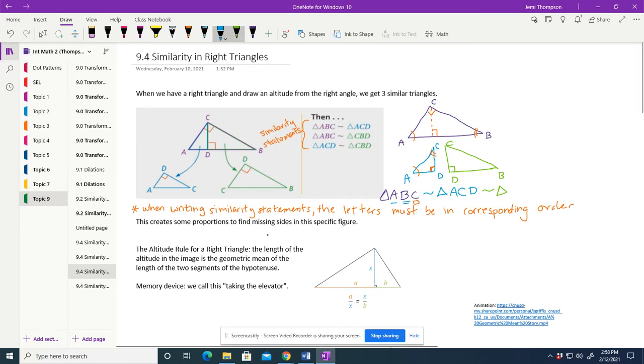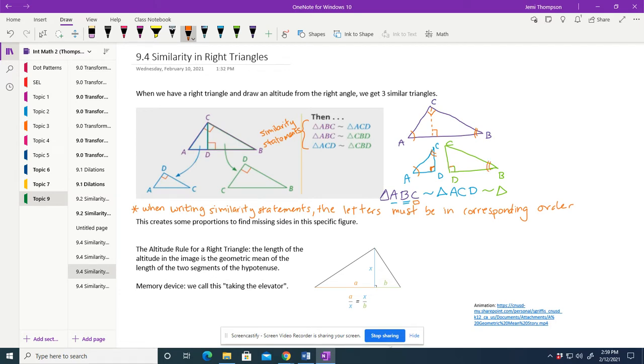Okay, in the green triangle, let's try to find what order I can write this in for my similarity statement. So order matters. In the purple triangle, I have triangle ABC. Let's go through. I'm going to use my pointer here. Angle B in the purple triangle is going to be the same as angle B in the green triangle. They're on top of each other, right?